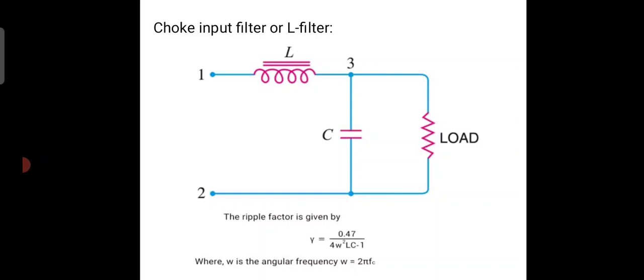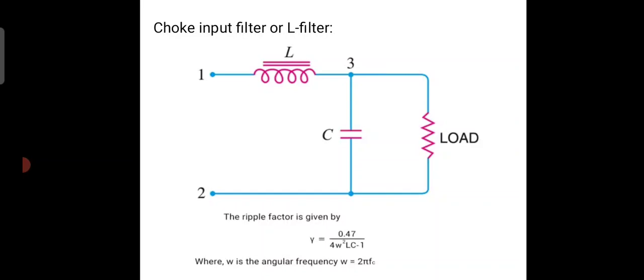Since the choke will oppose the flow of AC signal, but a slight part of the AC signal will pass through the choke along with the DC. Hence, finally, the AC signal at the point 3 will pass through the capacitor. The remaining DC signal will move across the load resistance RL.